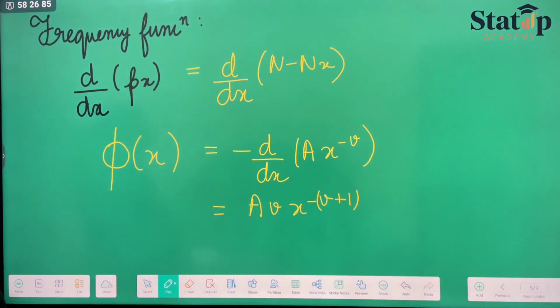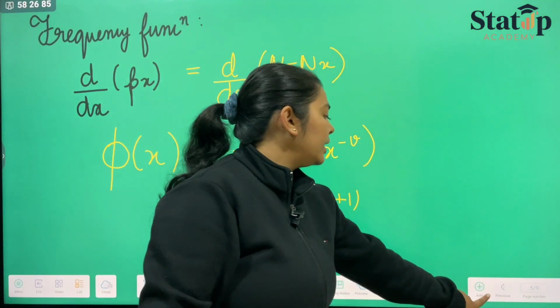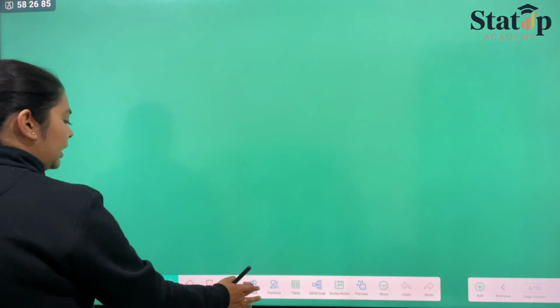Now from here we can draw the equal distribution graph. An equal distribution graph can be drawn like this.